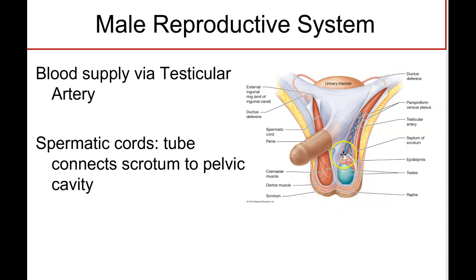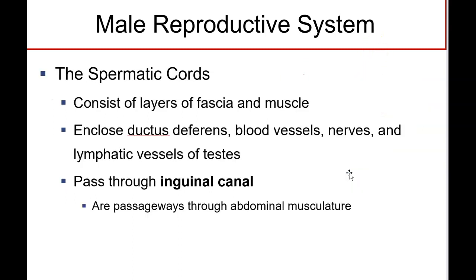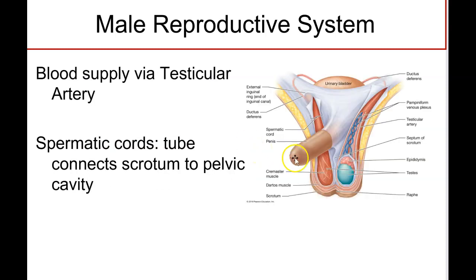So the testes, as I said, are outside of the body, and this muscular tube is called the spermatic cord, and that's going to extend from the pelvic cavity of the male out to the scrotum. So these cords are muscle and fascia, and this is how all the blood vessels and the vas deferens move between the testes and the rest of the body.